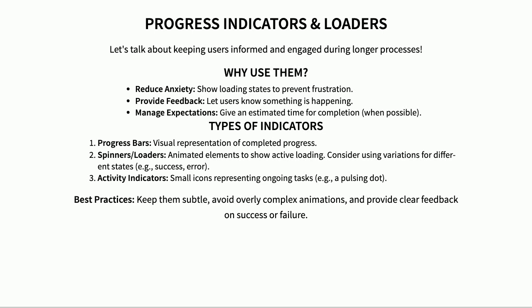There are different types like progress bars, which visually show how much is done, spinners or loaders, those animated circles that let users know something's actively working, and even smaller activity indicators, like a pulsing dot. Remember to keep them simple and provide clear feedback whether it's a success or an error.